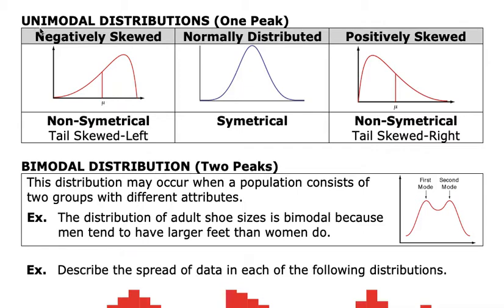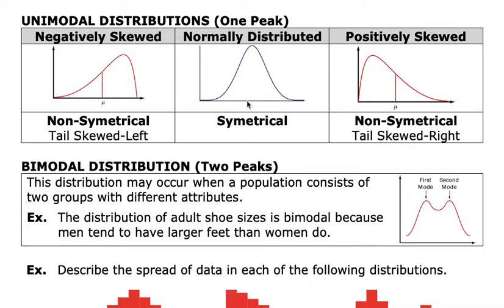First of all is unimodal distributions, meaning there's one peak, and if you notice there's one point where most of the probability is gathered underneath for each of these distributions. To describe the way that a unimodal distribution can be shaped, there's negatively skewed, meaning focus on where the tail is. If the tail is to the left, then it's negatively skewed. Here this is symmetrical.